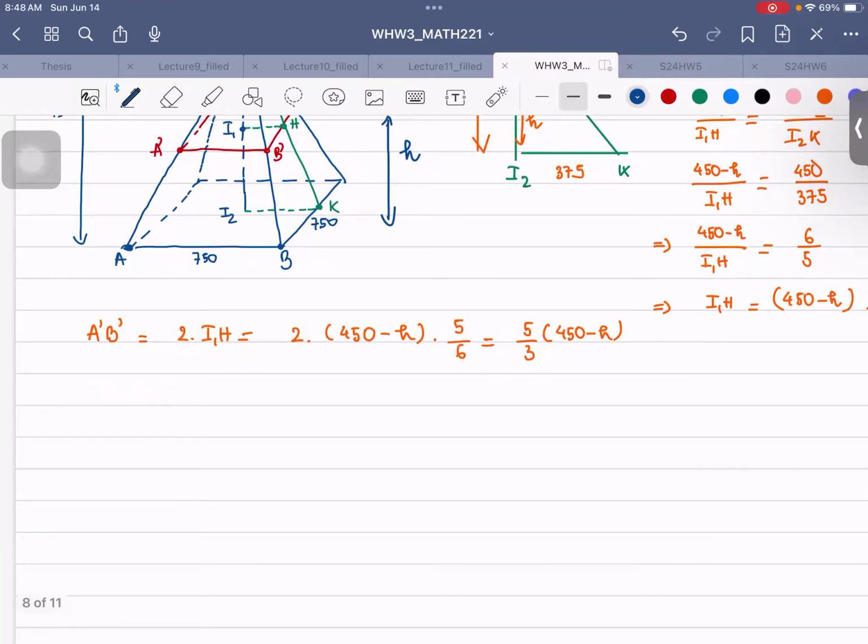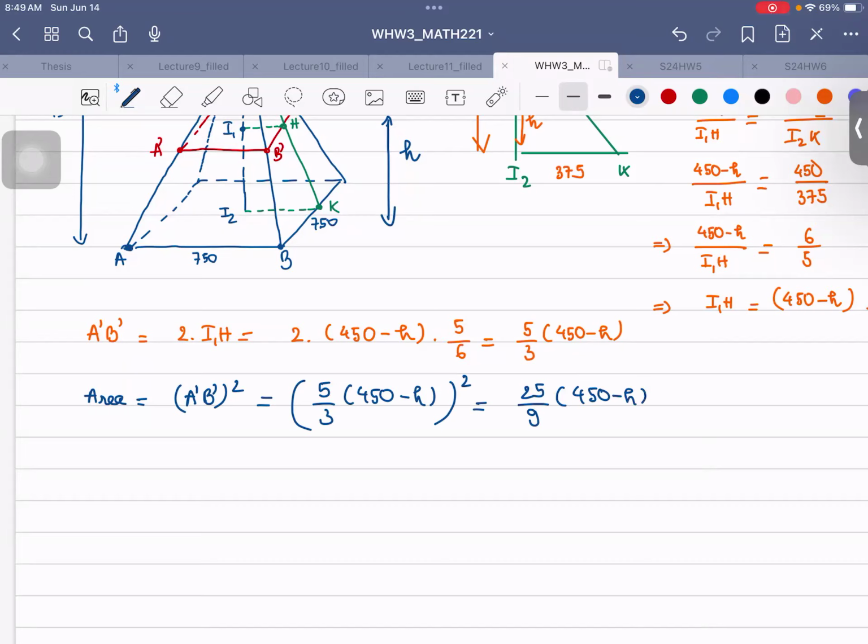So the area is A'B' squared. Then you have (5/3 times (450 minus H)) squared. Then you have 25/9 times (450 minus H) squared.